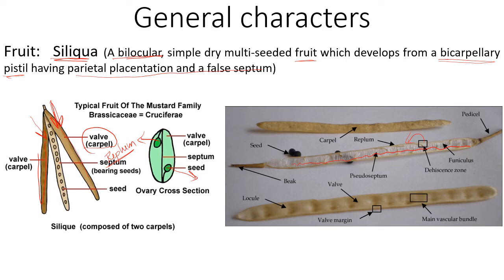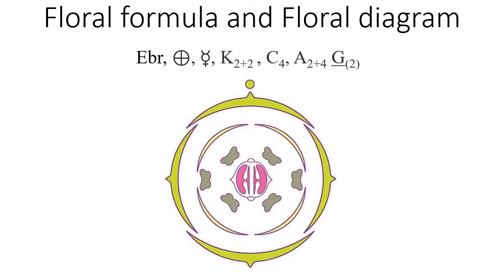So at dehiscence, seeds remain attached to the replum instead of being attached to the valve, and this kind of fruit is called a siliqua, and this one is the mother axis.